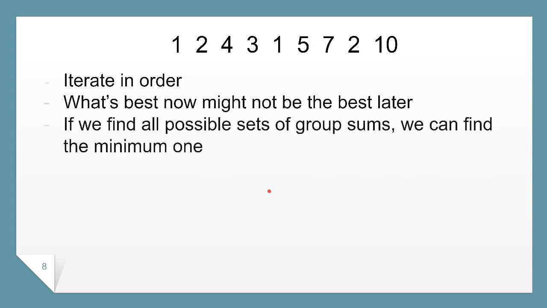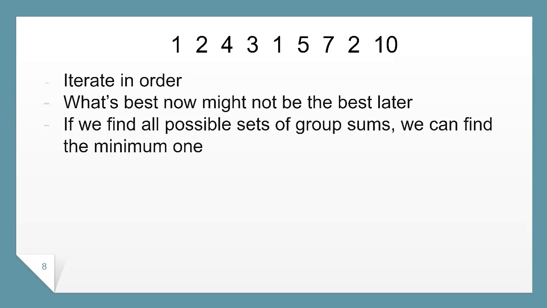And here's another thought. If we find all possible sets of group sums, we can find the minimum difference. So let's say, I know it's possible to get group sums of 10, 10, and 12.